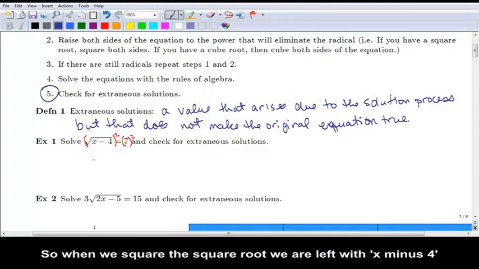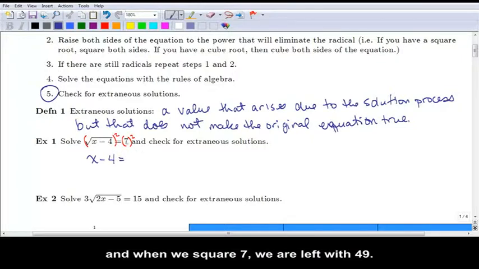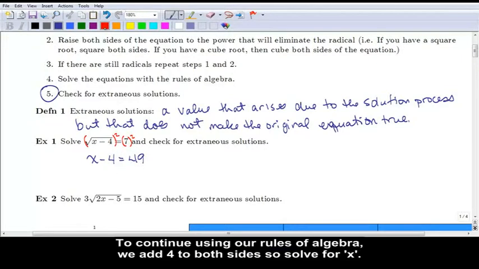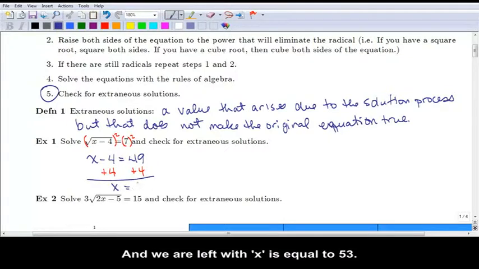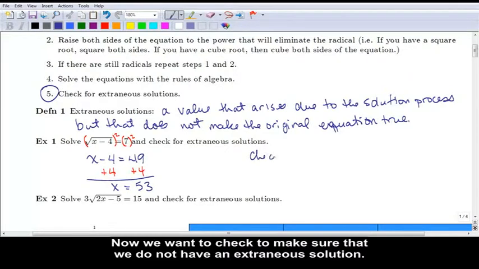So when we square the square root, we are left with x minus 4, and when we square 7, we are left with 49. To continue using our rules of algebra, we add 4 to both sides to solve for x, and we are left with x is equal to 53. Now we want to check to make sure that we do not have an extraneous solution.